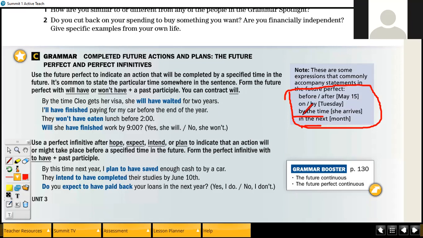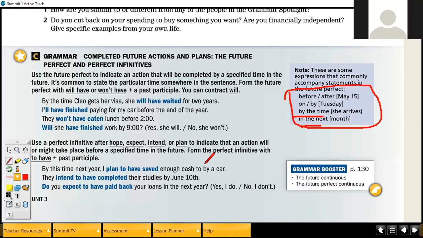Y generalmente se utilizan las mismas expresiones de tiempo. By this time next year, I plan to have saved enough cash to buy a car. Creo que aquí se equivocaron, les faltó una U.